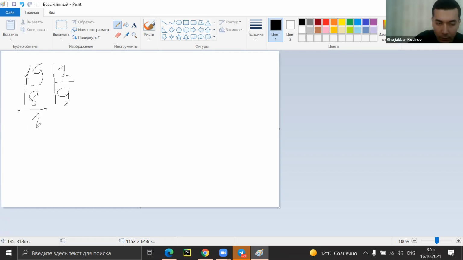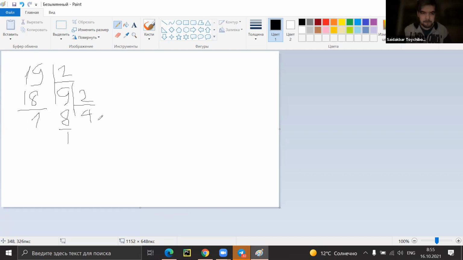The remainder will be 1. Then the next one is 9 divided by 2. What will be the result? 4. 4 multiplied by 2 is 8, and the remainder is 1.